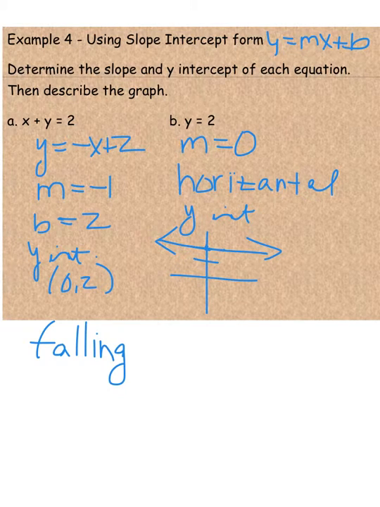It's hitting the y-axis at (0, 2). So that would be your b value. If you're looking at your equation y equals mx plus b, only your b value was here. Your slope was 0. Therefore, our description would be horizontal, our slope would be 0, and our y-intercept would be (0, 2).